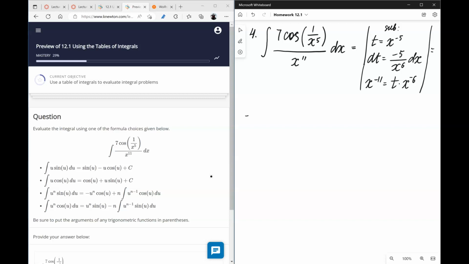So what we have now is 7 can go outside. We have integral of cosine of t. Instead of x to the power negative 11, we're going to write t times x to the power negative 6, and x to the power negative 6 can be combined with dx, which gives us this pattern. And we take out the negative 1/5.